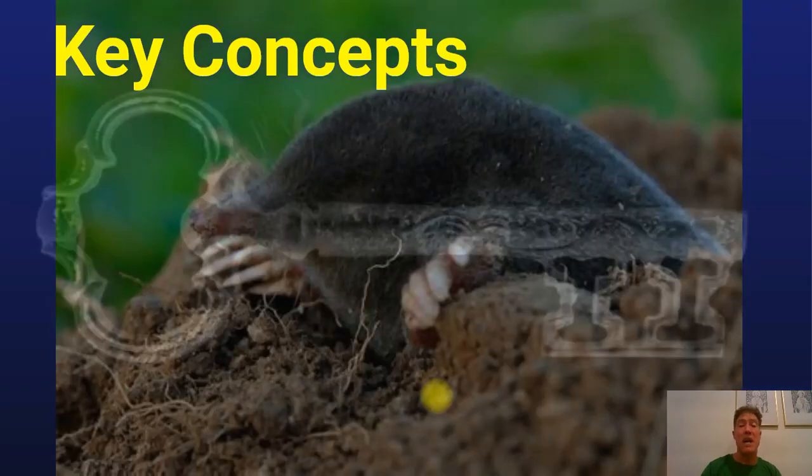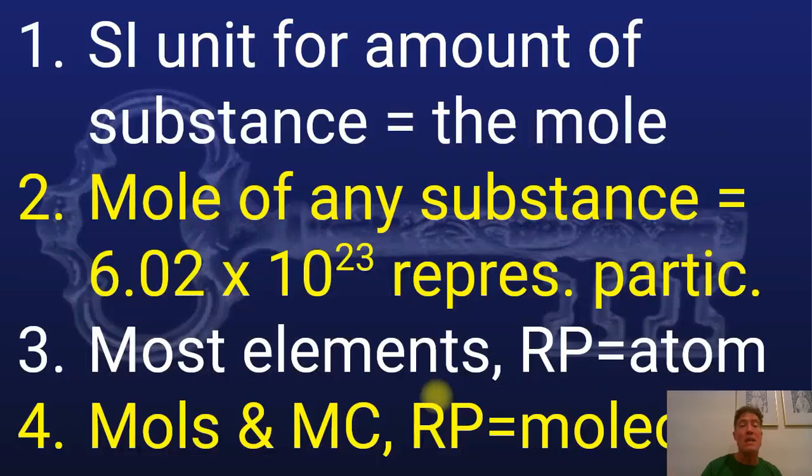So, review of the key concepts. The mole is the SI unit for amount of substance. And a mole of any substance, atoms, molecules, formula units, alligators, pennies, is 6.02 times 10 to the 23 of whatever representative particles we're counting. For most elements, the representative particle is the atom, except for the diatomic molecules.